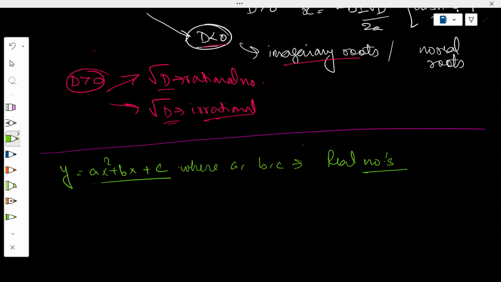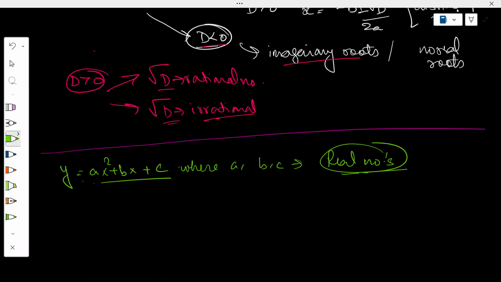There are some numbers which are complex or imaginary numbers, but whatever numbers we use are real numbers, whether it's pi, 3.1415, or 2.3333, all these are real numbers.